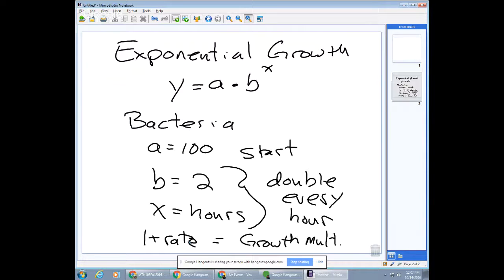To get the multiplier, we have to add 100%. 100% is where we started with, right? So this number right here is my 100%, my base. Where did I start? So we're going to look at an application of this in finance called compound interest.